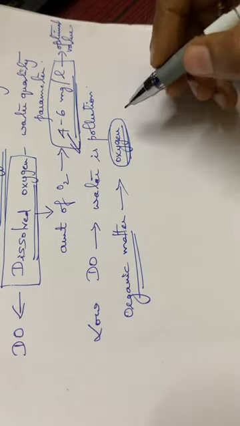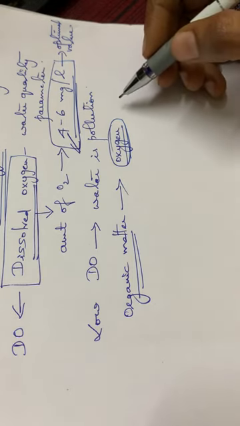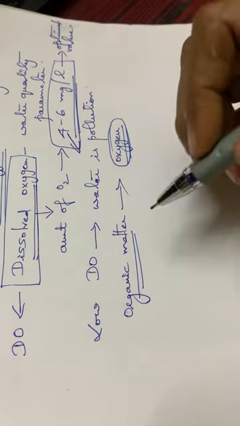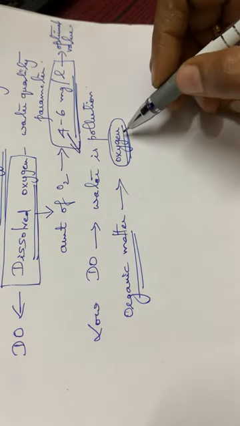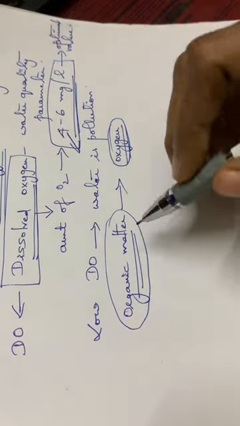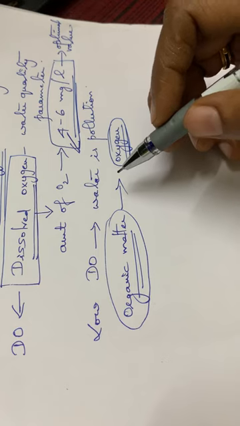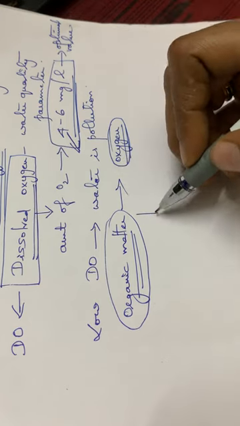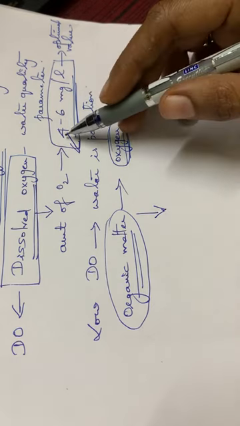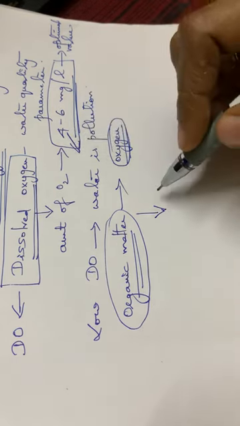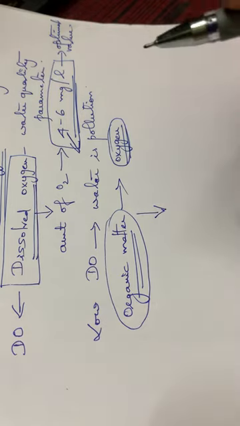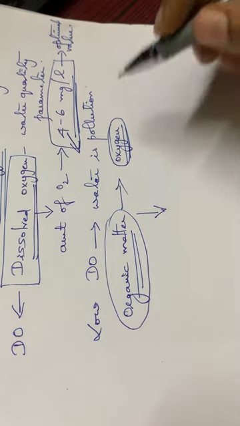So if sufficient oxygen is there, the organic matter can be decomposed or decayed. If the oxygen content is less than 4, the bacteria in the water body can't decompose this organic matter. So that is the first point to be noted.